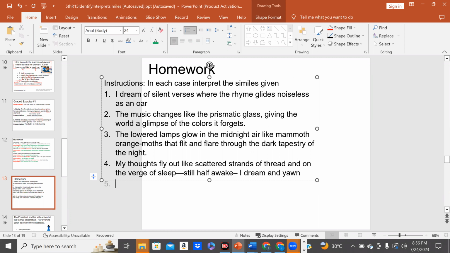And number 5, men scarcely know how beautiful fire is.